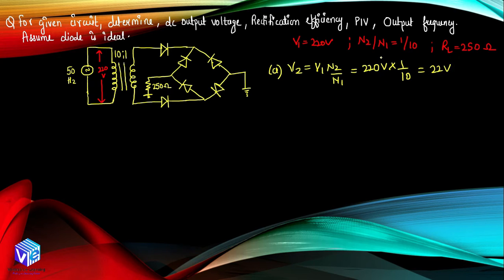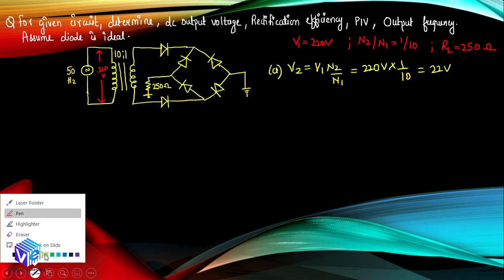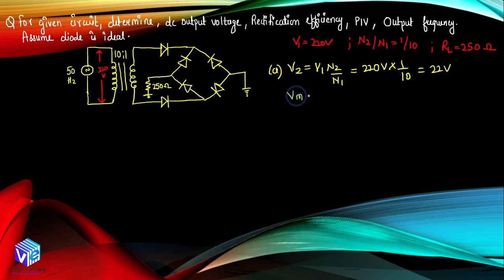Now we have calculated V2. From V2 we can find out Vm. Vm is under root 2 of V2, so it will be equal to under root 2 into 22, which is 31.11 volt with the help of a calculator.